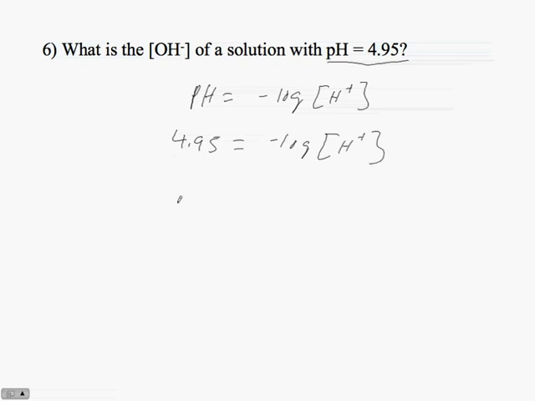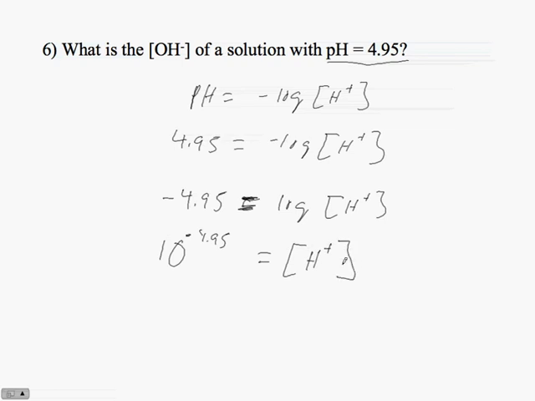Multiply both sides of the equation by negative 1: minus 4.95 is equal to the log of the hydrogen ion concentration. Take the antilog: 10 to the minus 4.95 is equal to the hydrogen ion concentration.